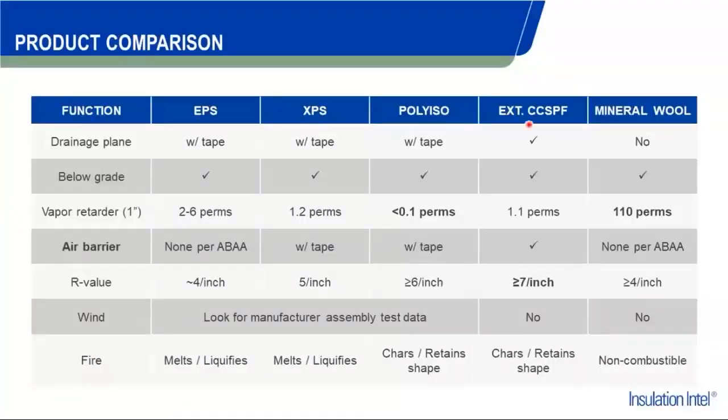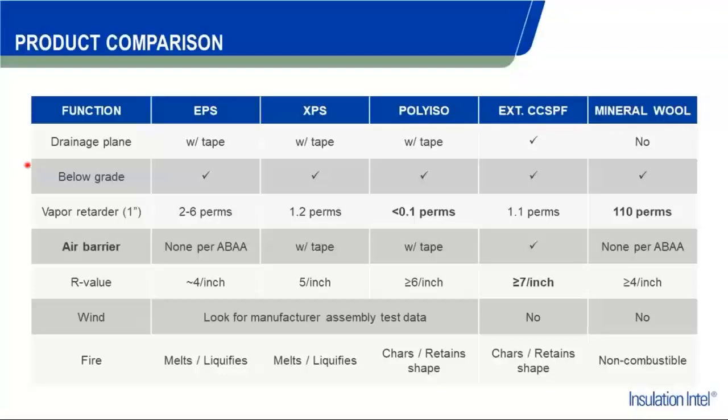This stands for exterior closed cell spray foam, and then of course mineral wool products. If you're trying to create a drainage plane behind your cladding material, in certain cases it says with tape. That means that you would have to apply a tape in order to seal the joints and the butt joints as the sheathing is being applied. Also, you'd need to seal around any penetrations as well.